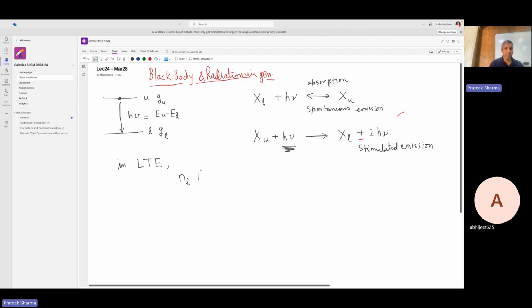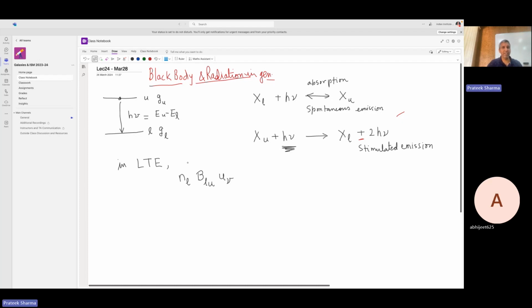So N_L times B_LU times U_nu. So this is the rate at which the atoms in state L, when exposed to radiation, get excited.